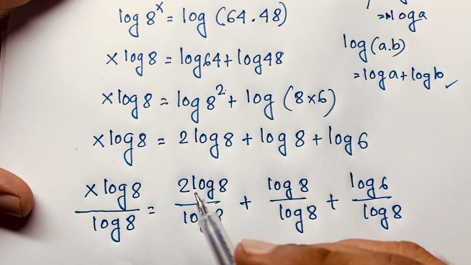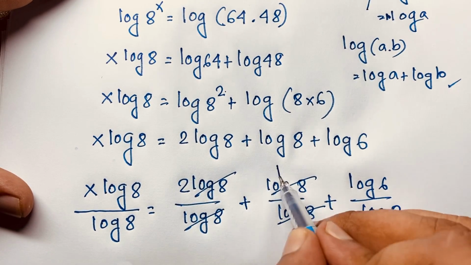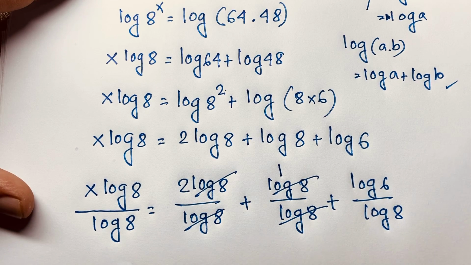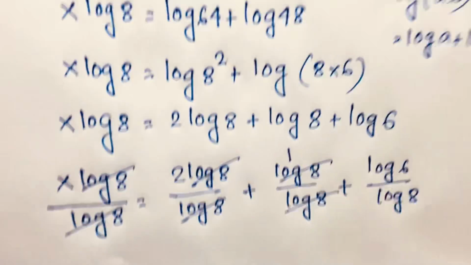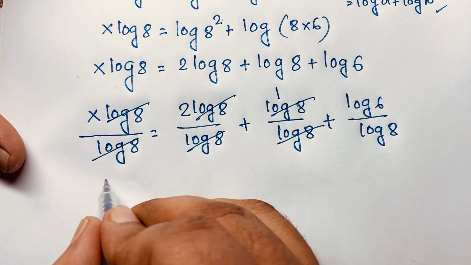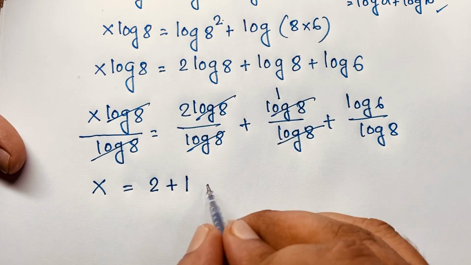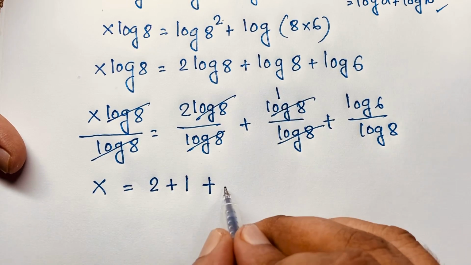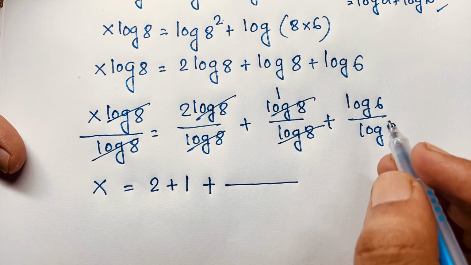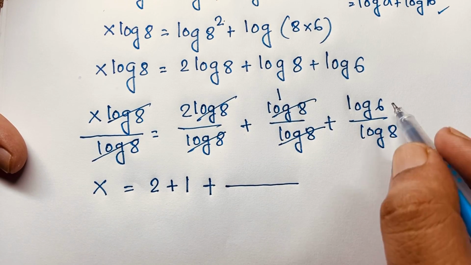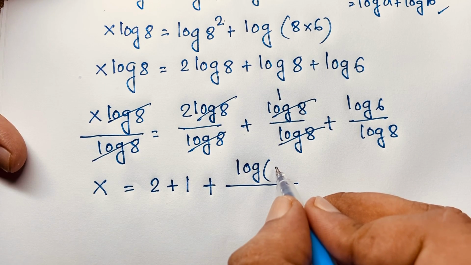Now, log 8 cancels out here. This cancels out, it will be 1. Now this cancels out. We'll find out the value of x: it will be 2 plus 1 plus log 6 over log 8. I evaluate this expression again. Log 6: 6 is 3 times 2 or 2 times 3.